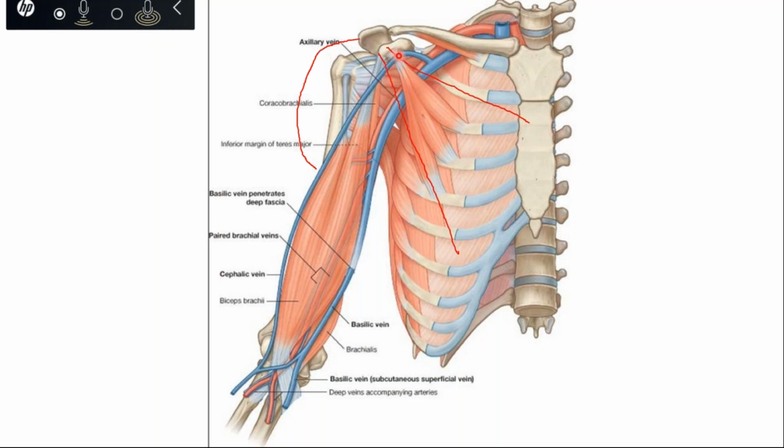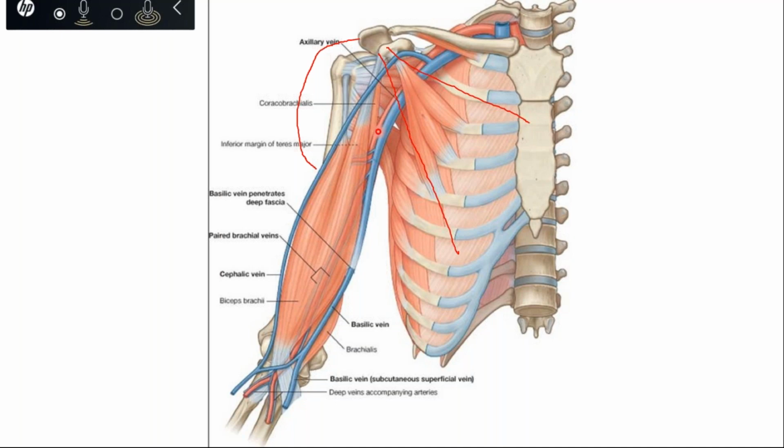So here it enters the infraclavicular fossa, and in the infraclavicular fossa there is a deep fascia which is called the clavipectoral fascia. It pierces this clavipectoral fascia and then it enters the axillary vein.